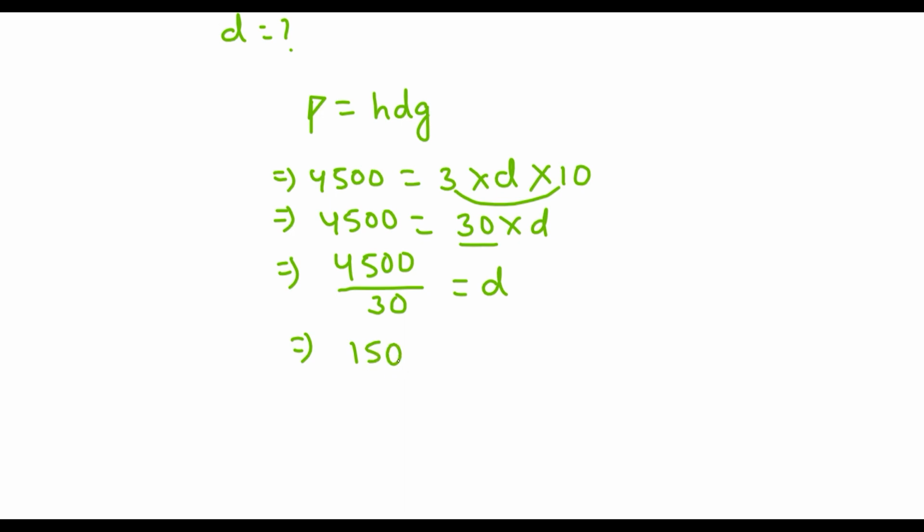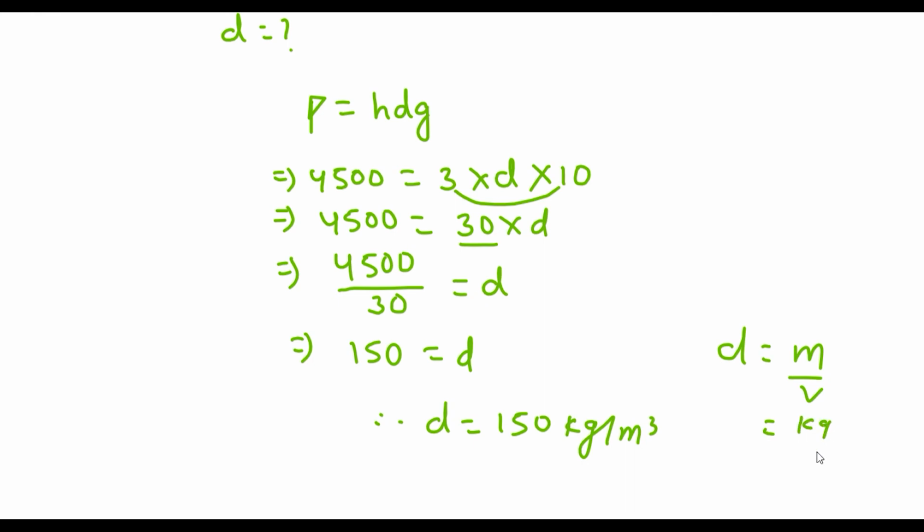So d is 150, and we know that the unit of density is kg per meter cube. Density is given by mass by volume, and the unit of mass is kg and volume is meter cube.